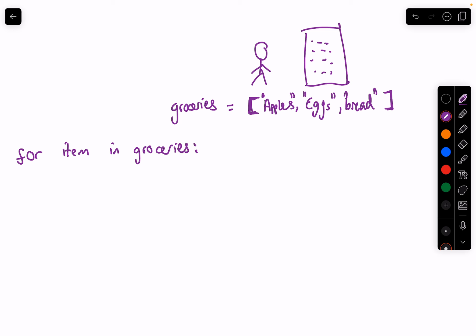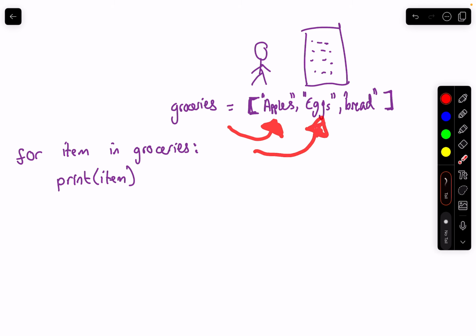And then let's just say we're going to print the current item. Now, what will happen is, in this for loop, we are going to loop through each item in our groceries list, and at every iteration, item is going to become something else.